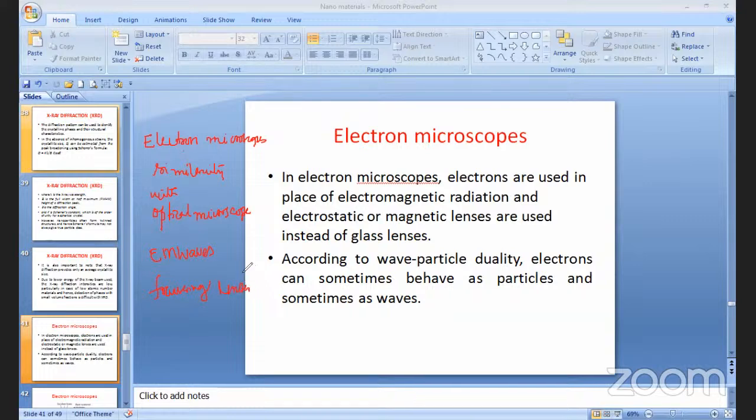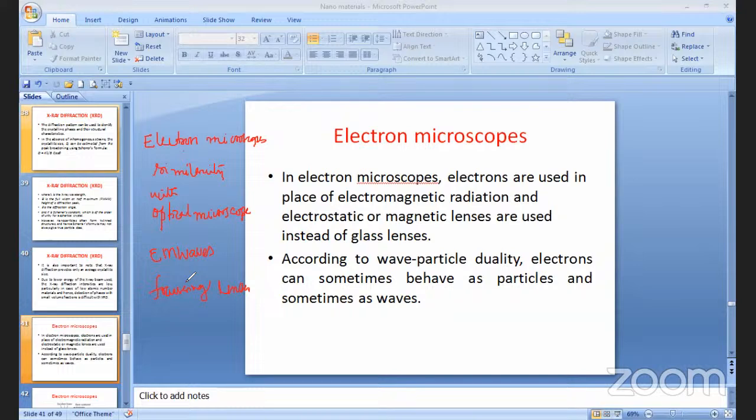So in the case of the optical microscope, electromagnetic waves are mainly used, scattered from the specimen and detected using focusing lenses.